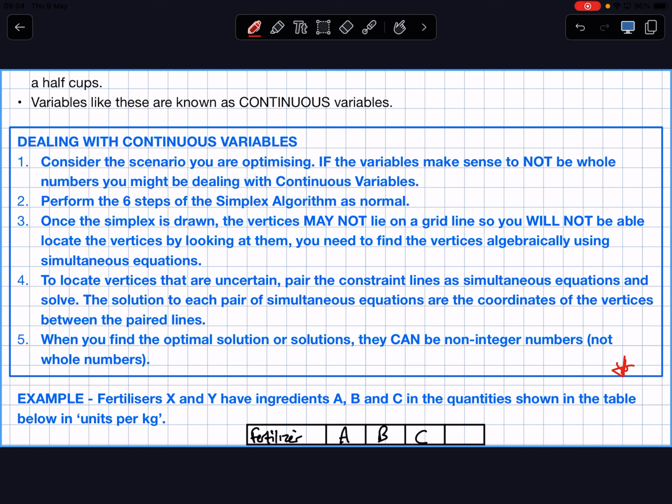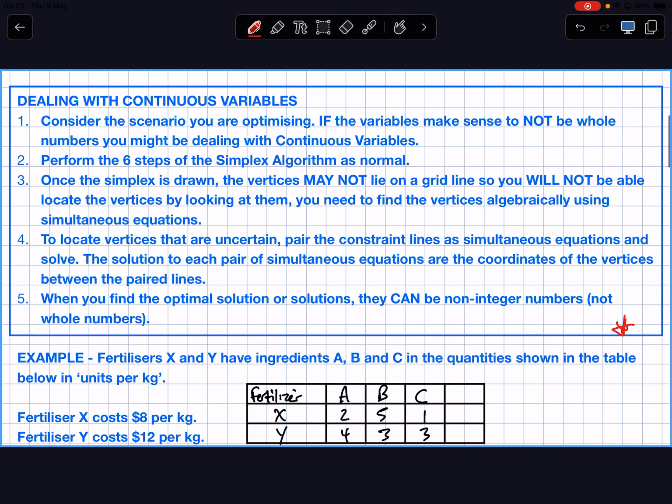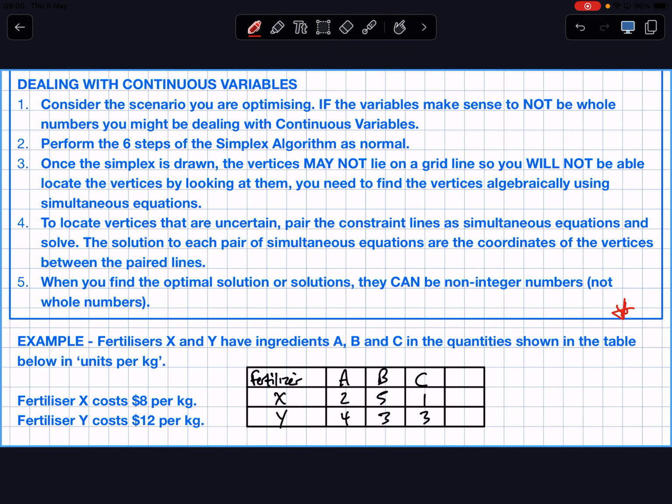A couple of minutes and I'll do the example. Oops, sorry. Just leave. If you have got those steps down, you might as well get the example.